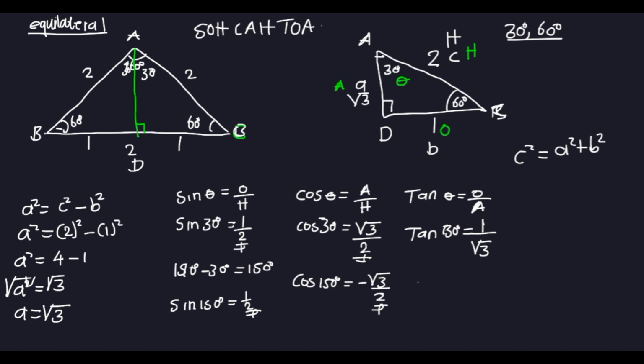What of tan 150? So tan 150 is equal to negative 1 over root 3. So we are done with the angle 30. So let's look at the same triangle, but let's look at the angle 60. So let me redraw.